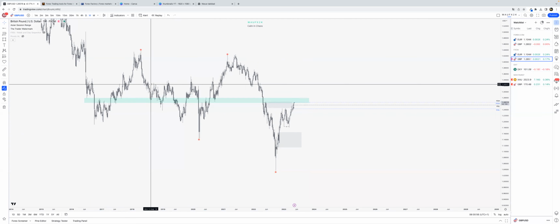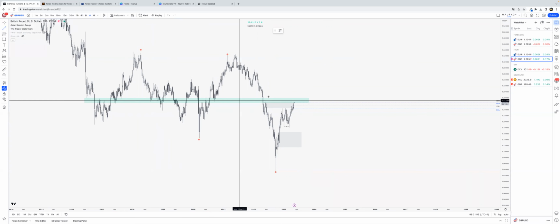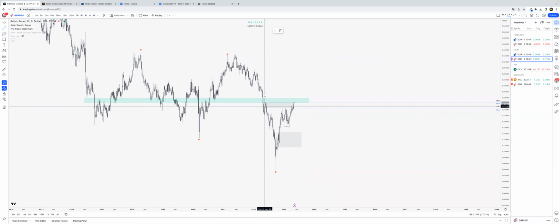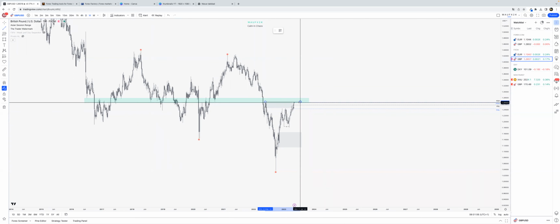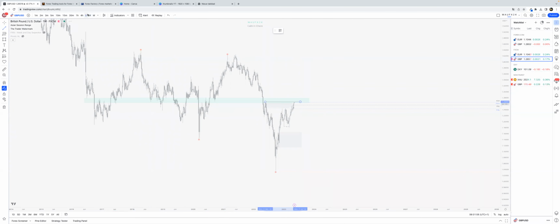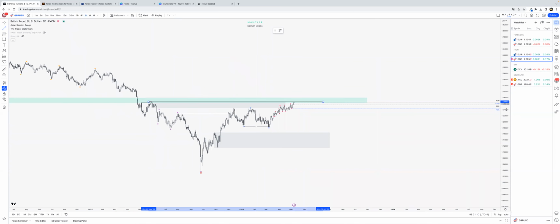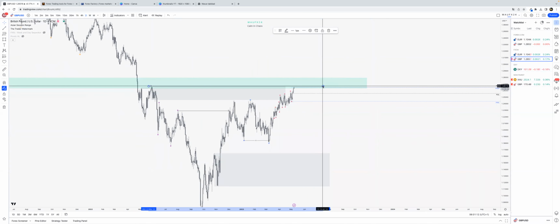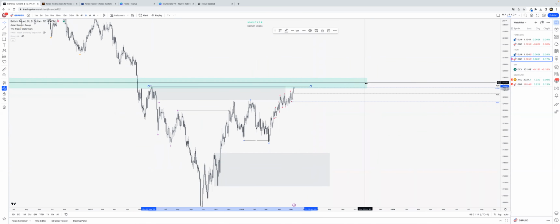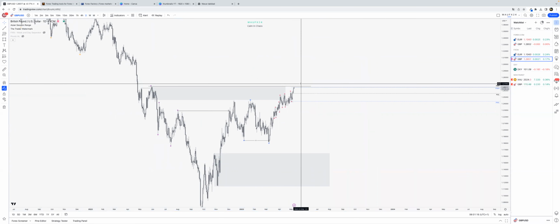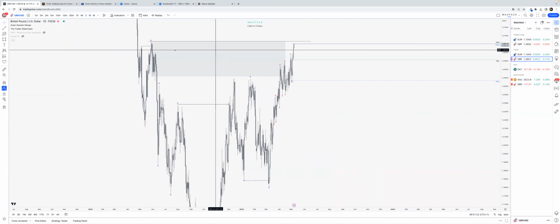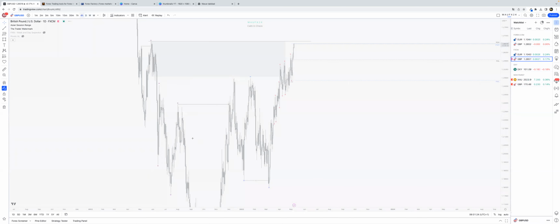Yeah. So I see GU coming above this high, 100%. Take out that high, and then we continue down. I don't know what is there. Let me check. We have here nothing.